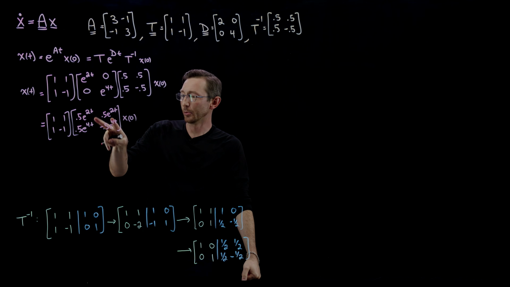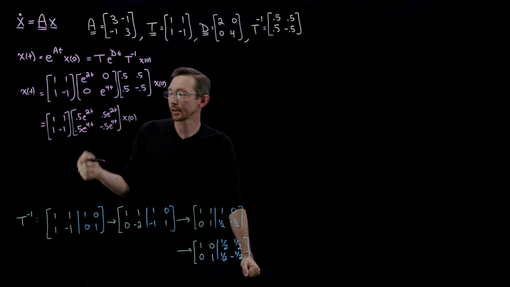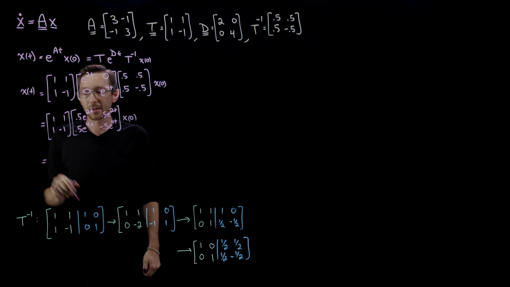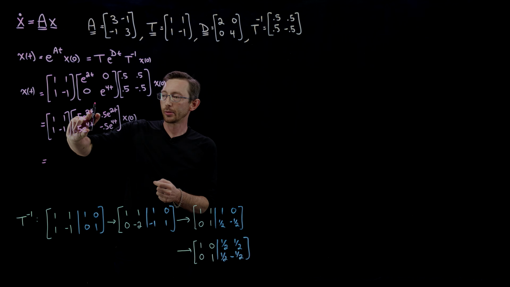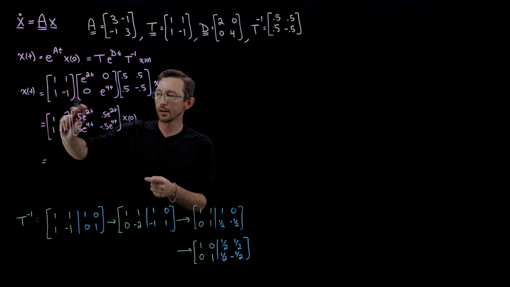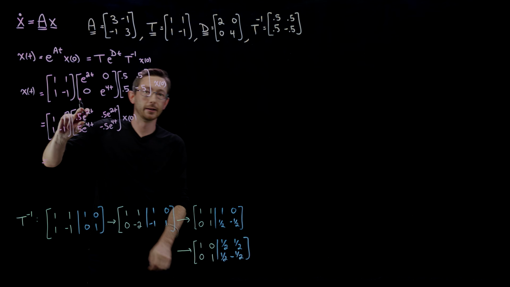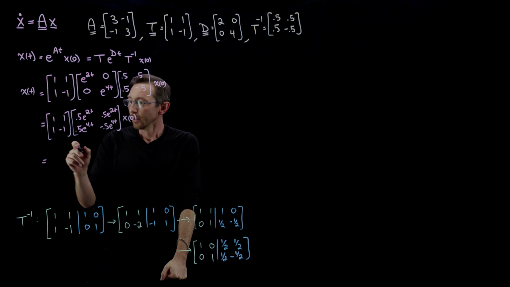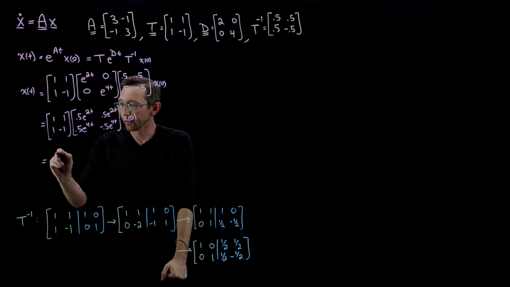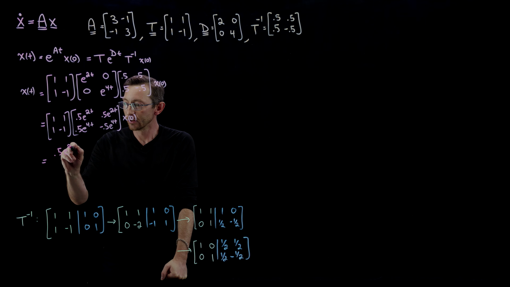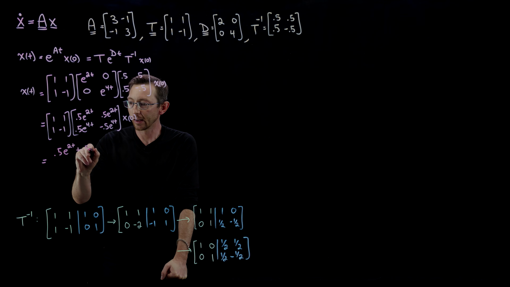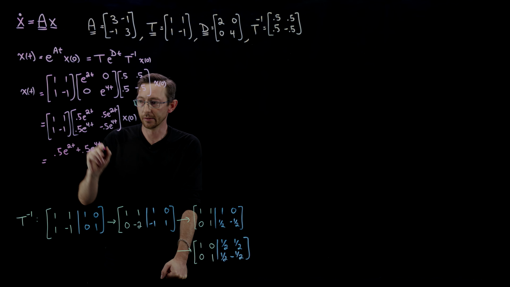And finally, I'm going to multiply this matrix by this matrix. Let's hope I don't mess anything up. Multiply, again, same basic formula, and what am I going to get here? Yeah, I'm going to get 0.5 e to the 2t plus 0.5 e to the 4t.